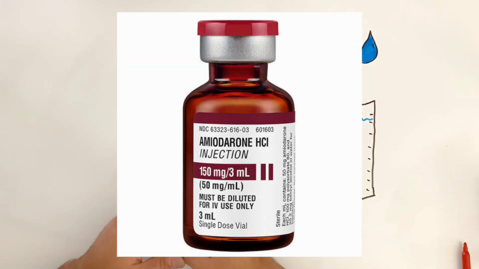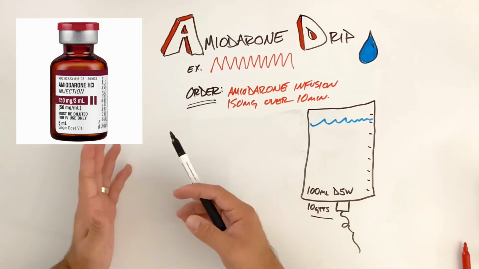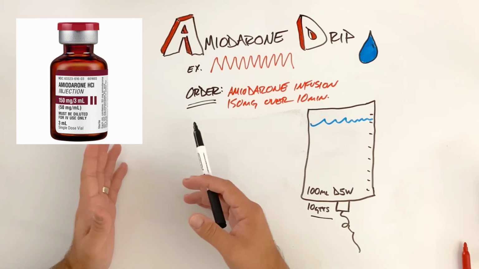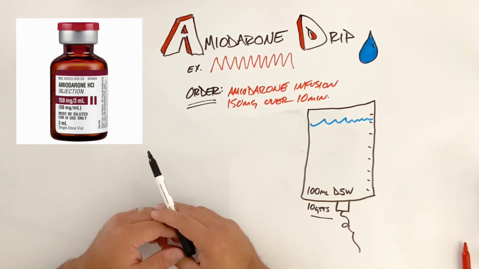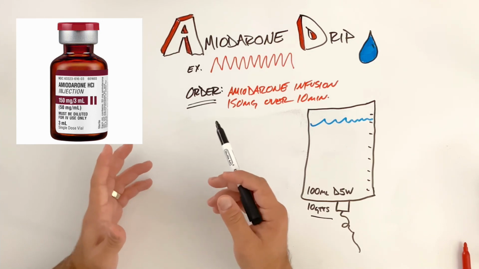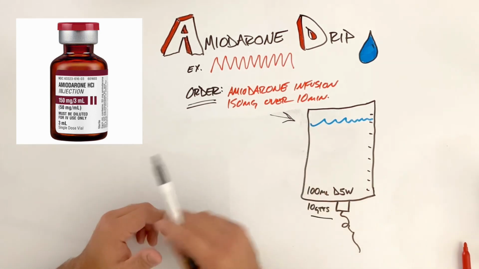Perfect. Now, if I want to deliver 150 milligrams, all I have to do is take my 50 milligrams per mL and multiply it by 3, and that gives me my 150 milligrams that I'm going to be placing inside my 100 bag of D5W. Perfect. So we're going to place the entire vial inside our bag of 100 mL D5W.